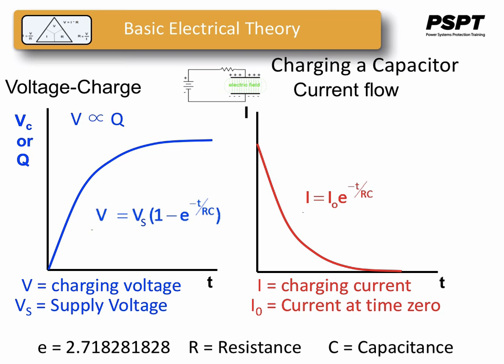At time zero, the current depends only on the resistor and the voltage of the battery, which we can describe with Ohm's law: the supply voltage over the resistance of the circuit. But immediately, once it starts to charge, the current starts to fall off. As it approaches infinity, or after a long period of time, the current will be zero, as I said. That will happen when the capacitor is fully charged and the voltage across the capacitor is equal to the voltage of the supply.